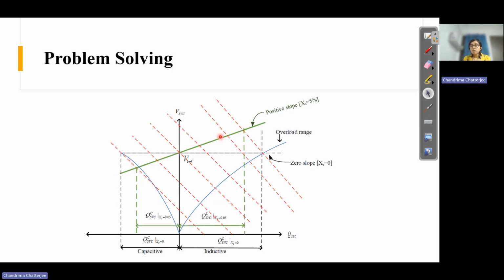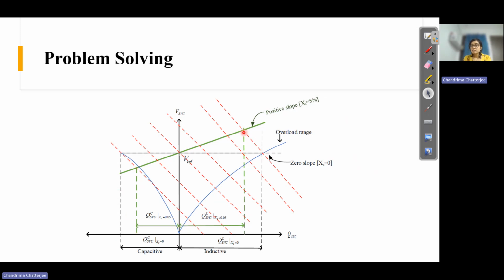But when there is positive slope, you see this same load line cutting the positive slope line here. You have to provide lesser compensation compared to the zero slope line, because it is decreasing. It is cutting this green line here, so the amount of compensation reduces.